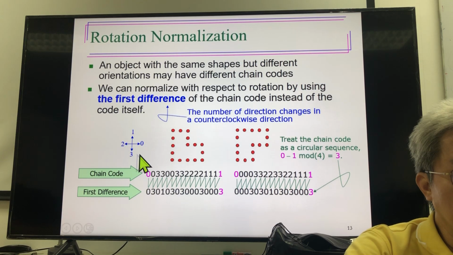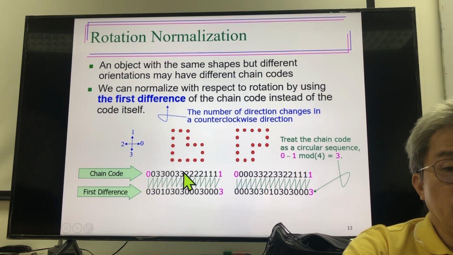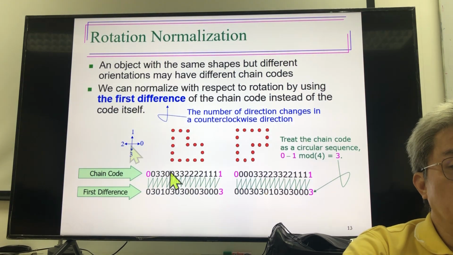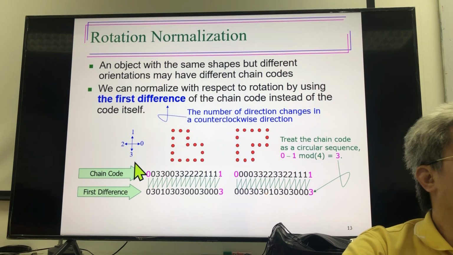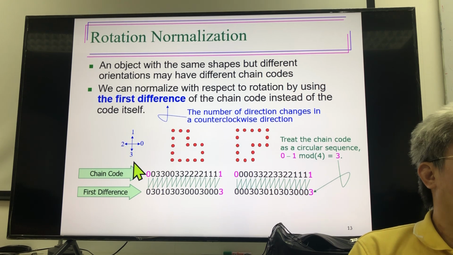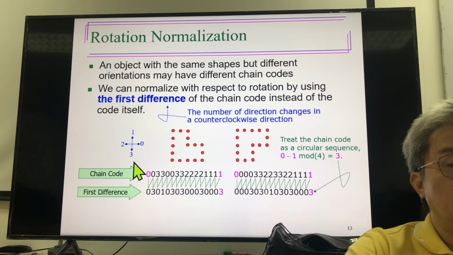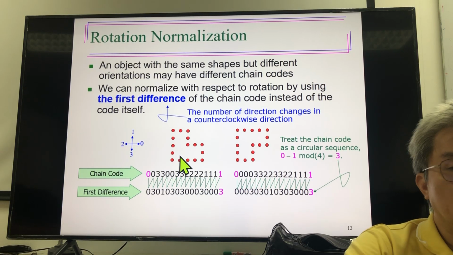You turn this way. 3 to 3 is 0, and then 3 to 2. How much is 3 to 2? 3 to 3 is 0, 3 to 2 is 3: 1, 2, 3. You see that? Or you can say 2 minus 3 is negative 1. Modulo 3 is 1. Hold on. Negative 1 modulo 3 is 3.